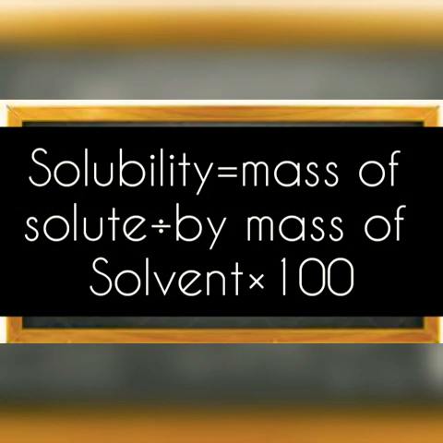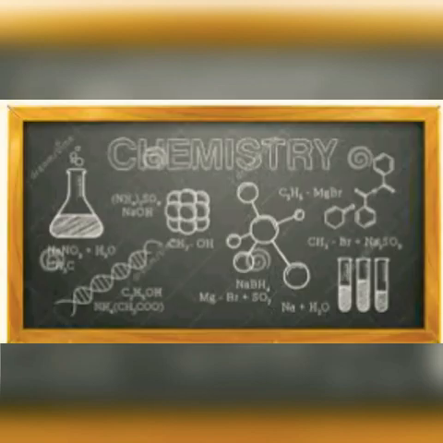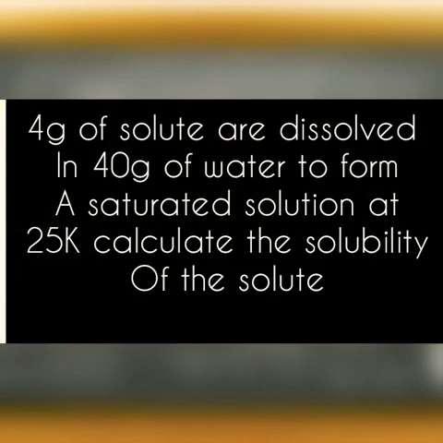The formula for finding solubility is mass of the solute divided by mass of the solvent into 100. 4 grams of a solute are dissolved in 40 grams of water to form a saturated solution at 25 Kelvin. Calculate the solubility of the solute.